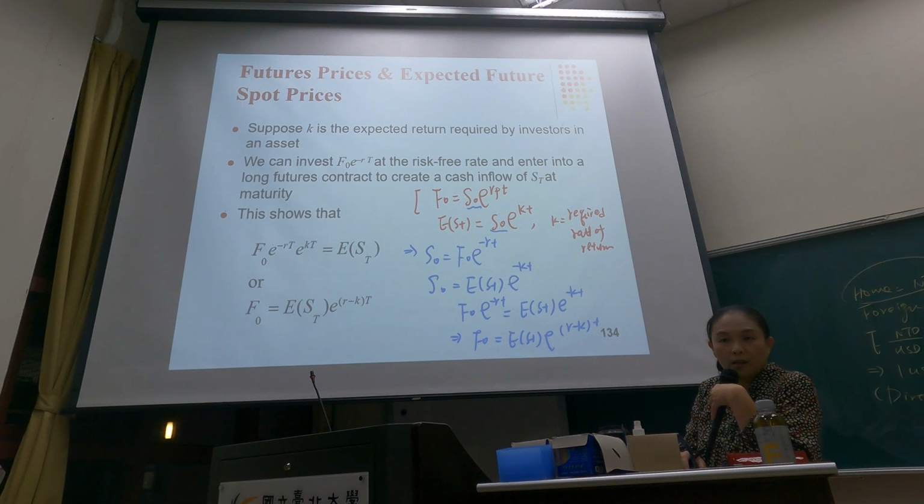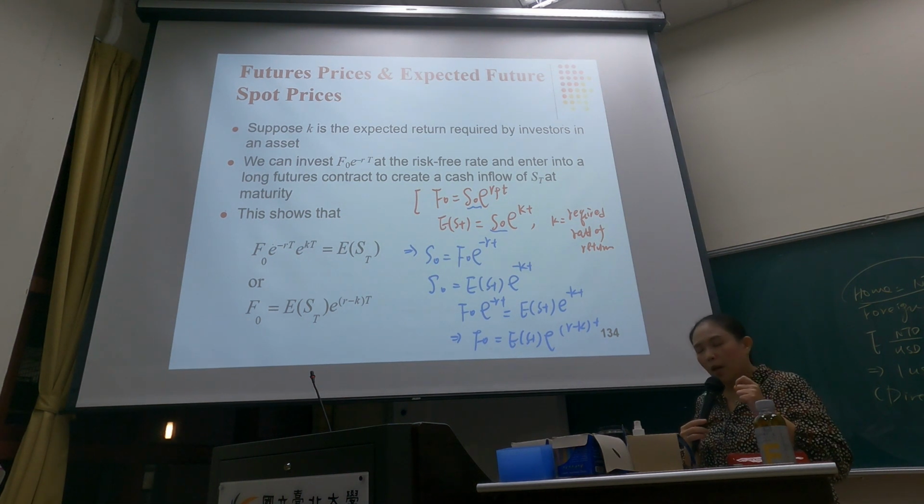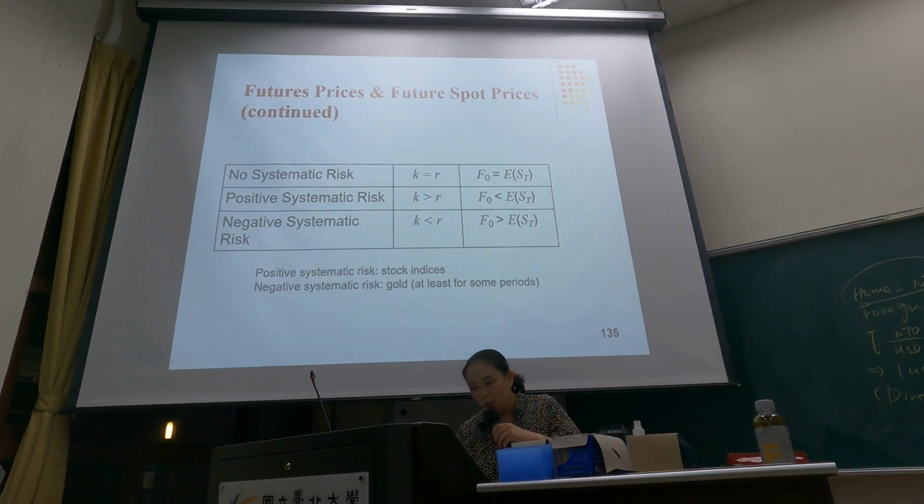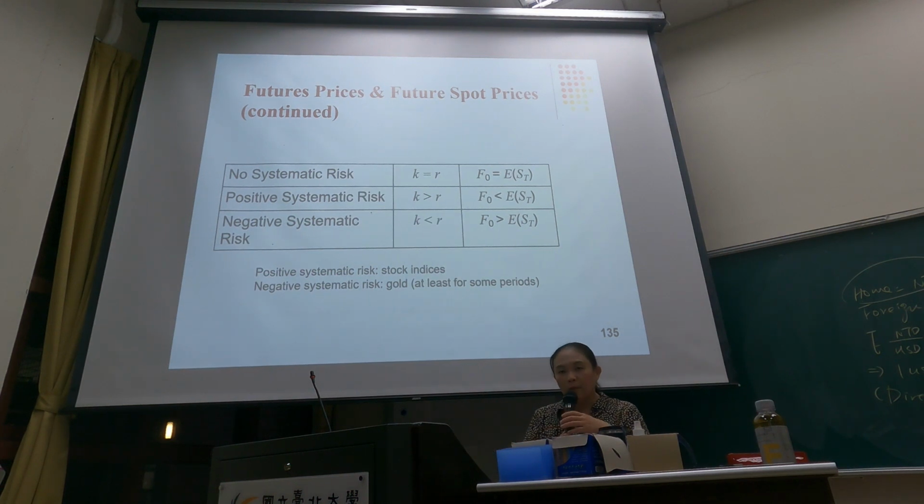Are we okay with that? So far so good. Okay, now, finally, why do we come up with this formula? We want to tell you this table, okay? When your portfolio has a different risk level, sometimes it will drive differences between k and r, and in the end, the price F0 and the expected value will be different as well, okay?